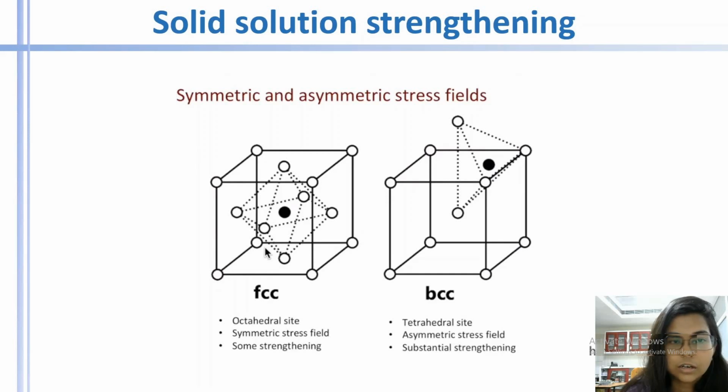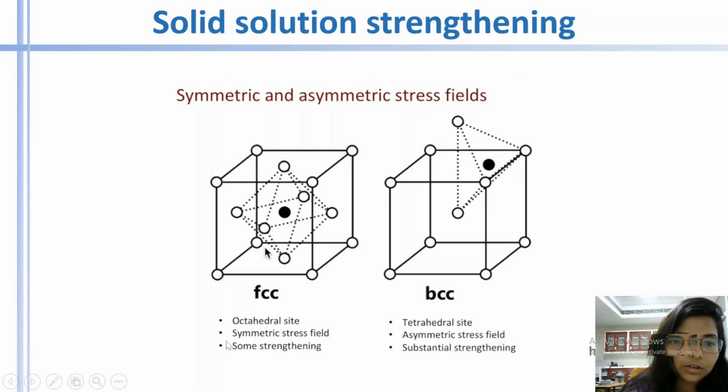Now if we compare FCC and BCC, at first in FCC the interstitial atom sits in the octahedral void or octahedral site.